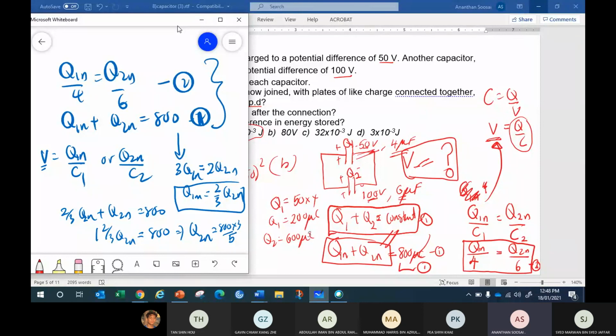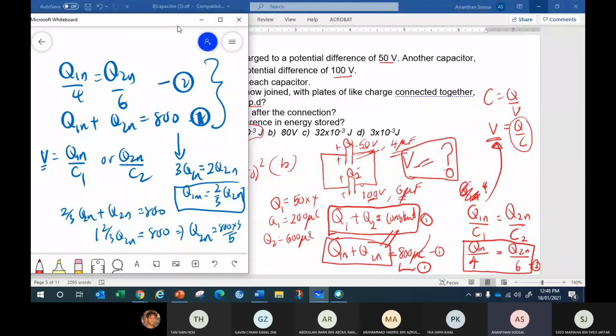So Q1, Q2 is the original charge. You can find the original charge by using the earlier parts, and the original charge is found to be 800 microcoulomb. When the charge rearranges, we get new charges Q1n, Q2n. But Q1n plus Q2n still should be 800.